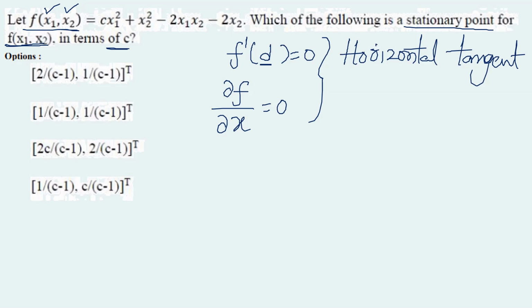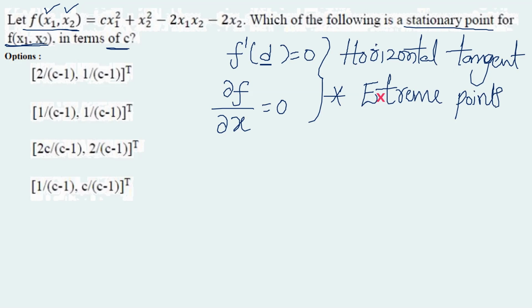If a function has a horizontal tangent at any point, that point is called a stationary point. Stationary points are very useful in optimization problems in order to find extreme points. In the sense, in order to find minima or maxima of a function, we will use stationary points.